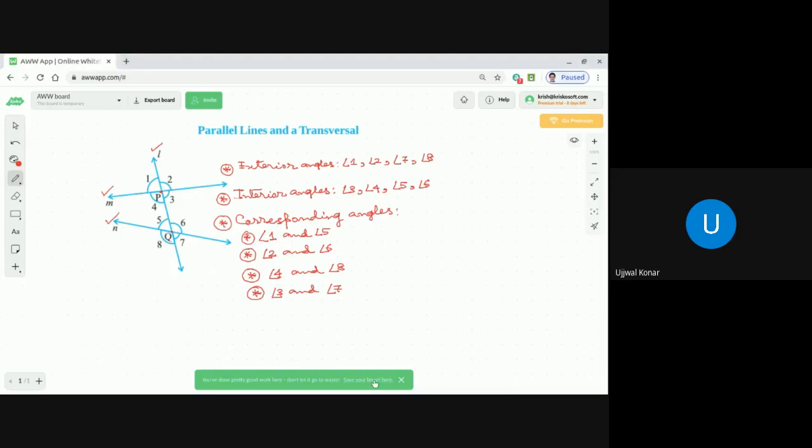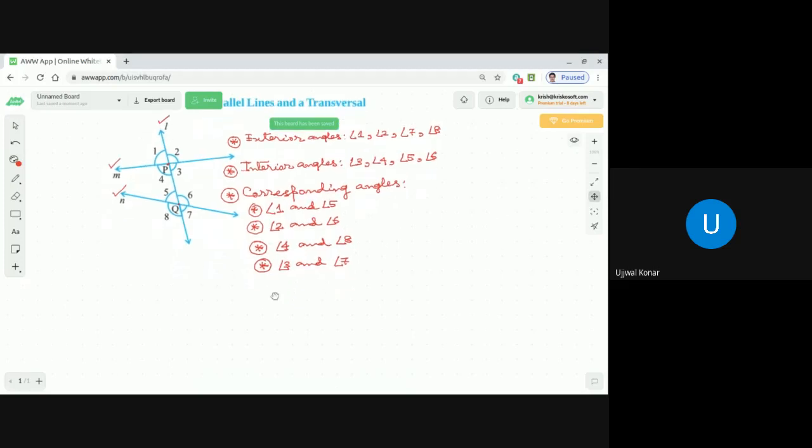Let me write it down: alternate interior angles, angle 4 and 6, and the second pair is angle 3 and angle 5.